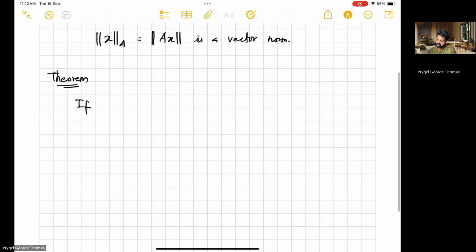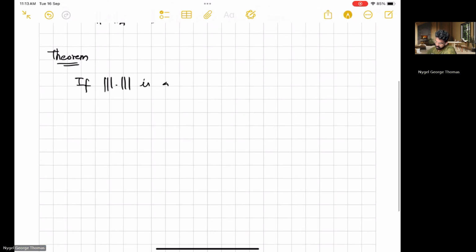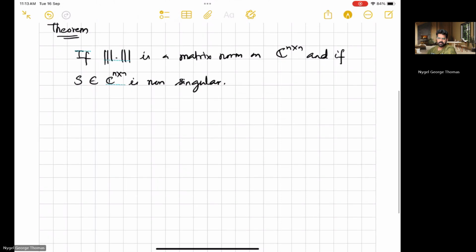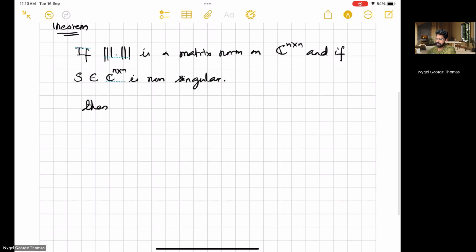If this triple-bar function is a matrix norm on C^(n×n), and if there exists an S which is non-singular, then we can define a new matrix norm.